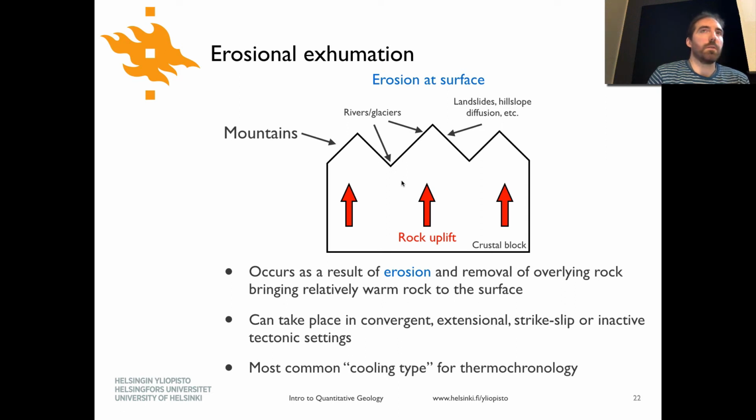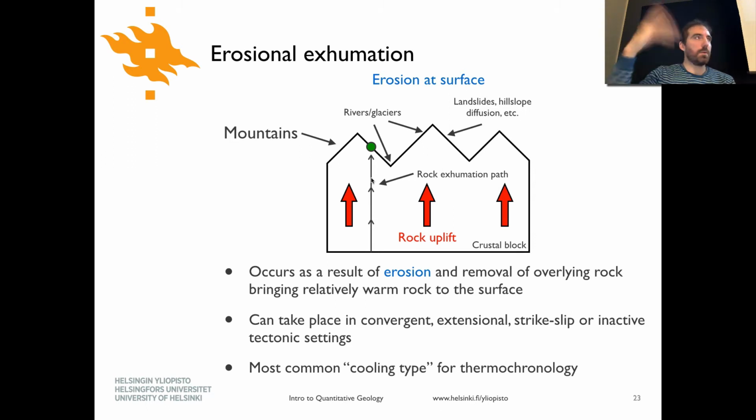Because it's kind of important for the exercise for this week that you have some idea that this is essentially what we're looking at. If you think of some parcel of rock here, it ends up at the Earth's surface, and it basically followed some kind of pathway like this.